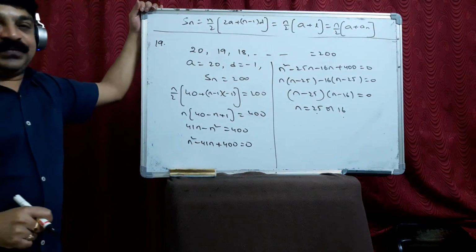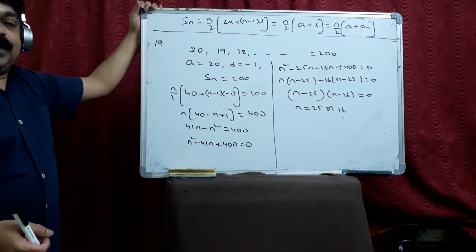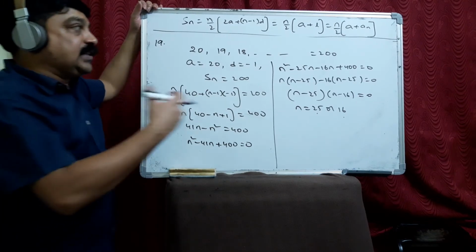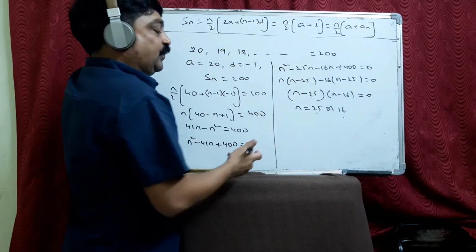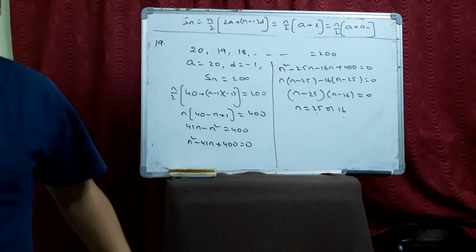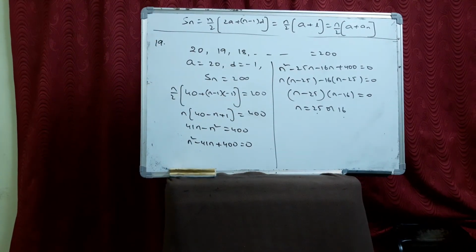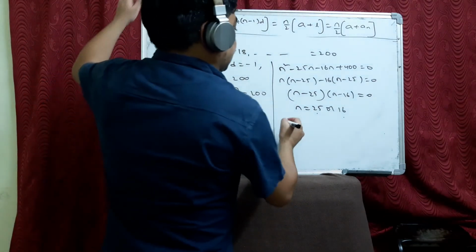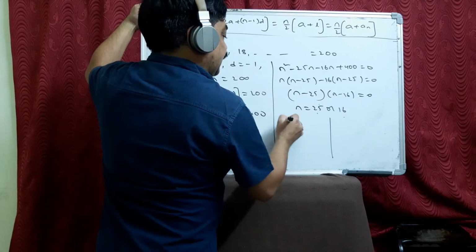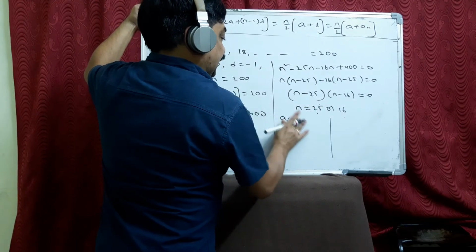But we have to check. Let us check with 25 rows and 16 rows. Let us check how many will be there in a25.